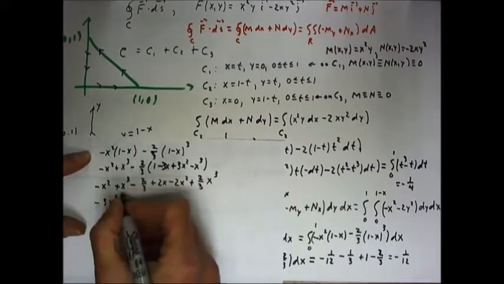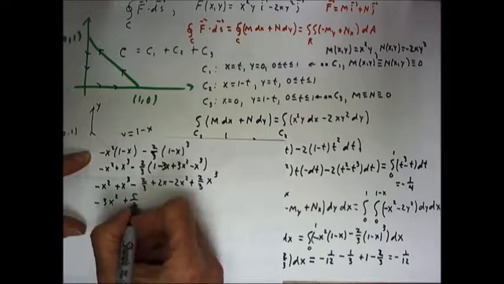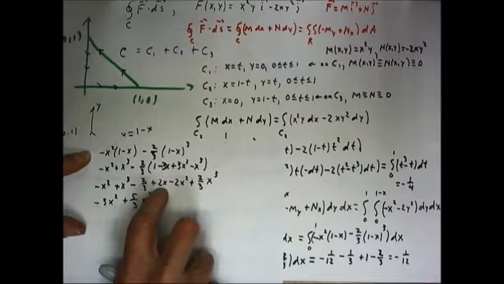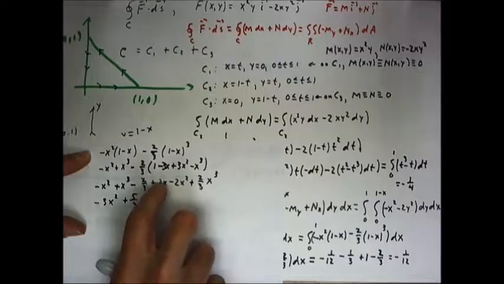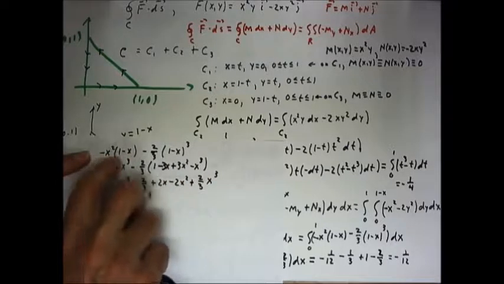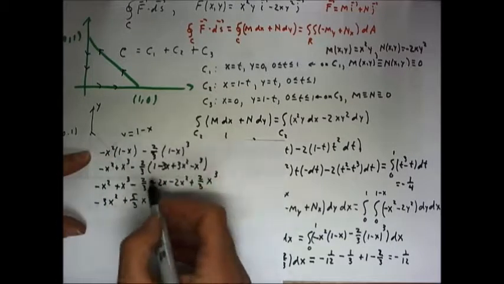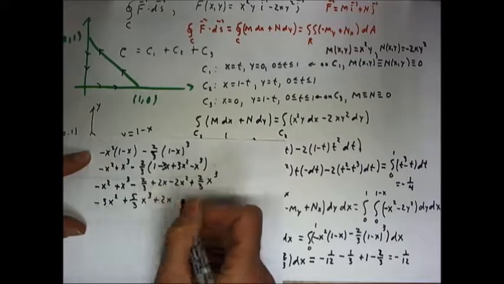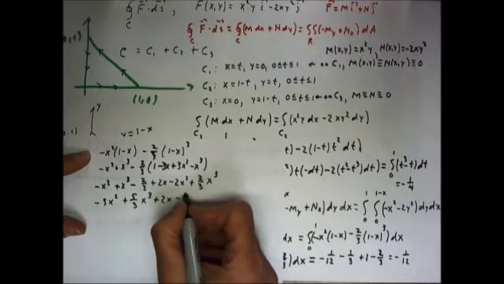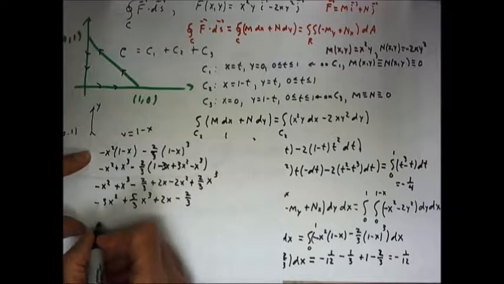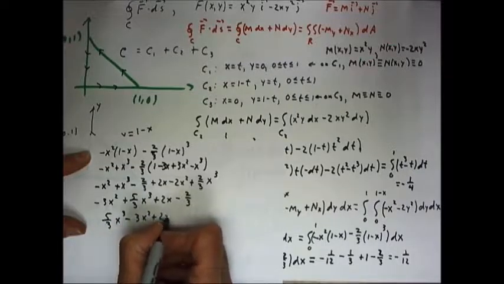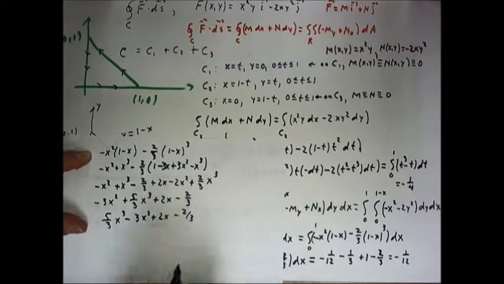X cubed and 2/3 x cubed is 5/3 x cubed. Just have the 2x term. I don't have any other x term. Remember, this is multiplied by x squared, so it's not going to give us an x. So I've got plus 2x, and I've got minus 2/3. Okay, so that's 5/3 x cubed minus 3x squared plus 2x minus 2/3.